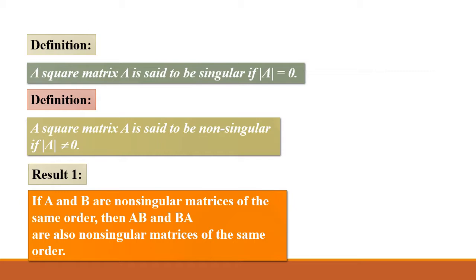So here we have divided the matrices into two types based on the value of the determinant, that is singular matrix and non-singular. If determinant of A is equal to 0, it is singular, and if determinant of A is not equal to 0, we get a non-singular matrix, and the product of two non-singular matrices is also non-singular.